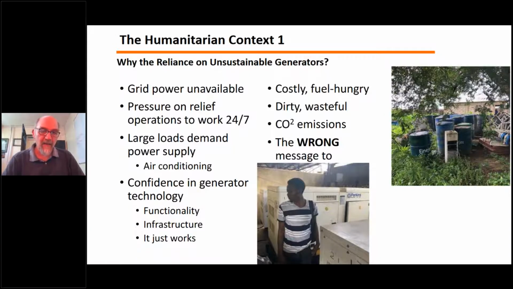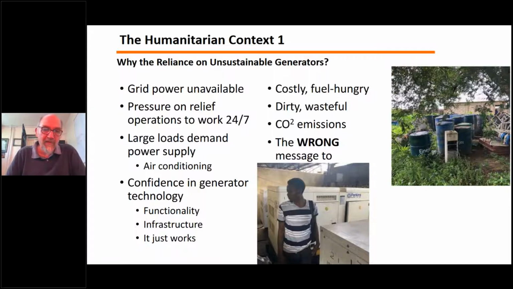That means they can't afford to have the power go off. If they're pumping water, I'm focusing mostly on electricity, but I can talk to the energy for cooking side. But my experience and in this presentation is mainly talking about electricity. So if they're running generators, they need those generators.